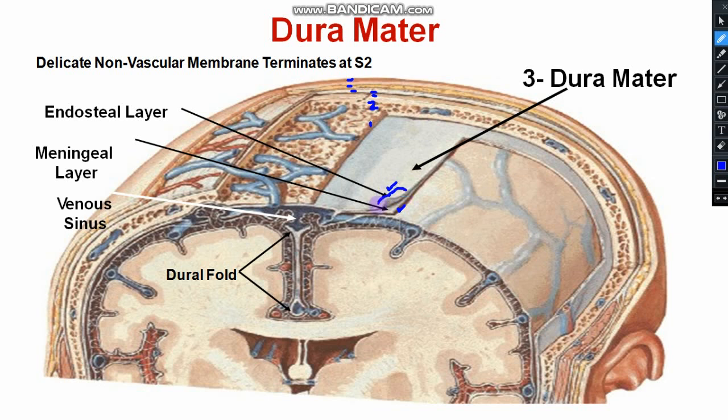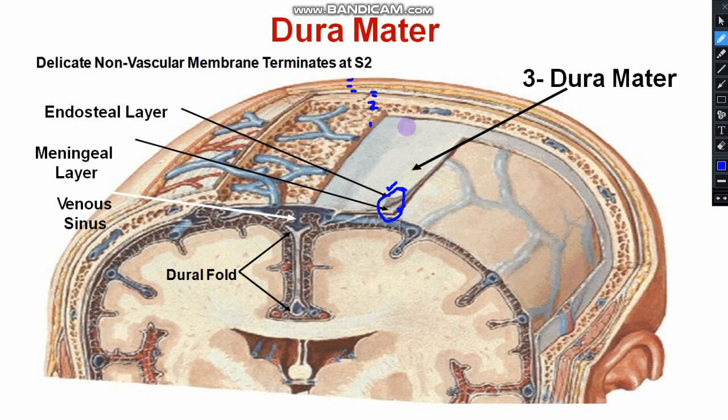These two layers are fused to each other at all places except where the cranial venous sinuses are present. This outer layer communicates outside of the skull and is continuous with the periosteum lining of the skull.